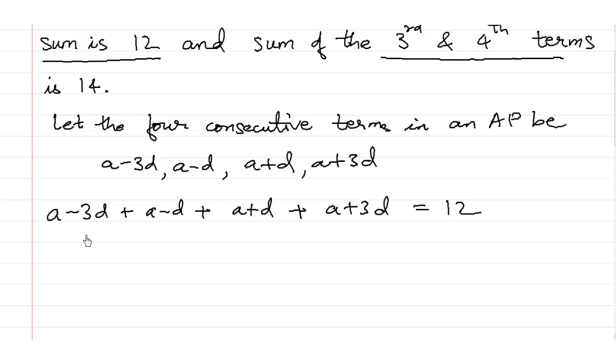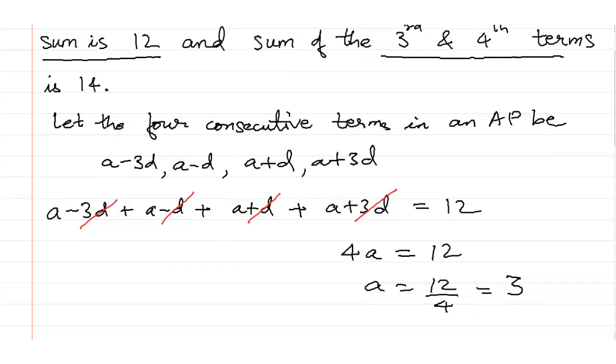So you can easily cancel out the 3D and the minus 3D, the plus D and the minus D. So you'll be getting A plus A plus A plus A, which is 4A, and that is equal to 12. So A is 12 over 4, which is equal to 3. So we got the A. Remember, A is not the first term, but A is one of the terms associated with D also in this particular sum. We do not consider A to be the first term.